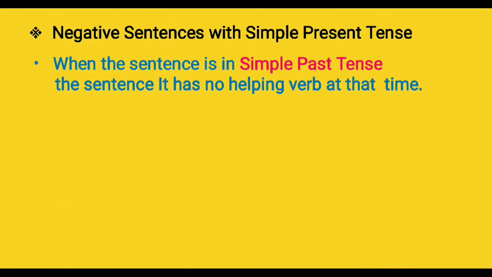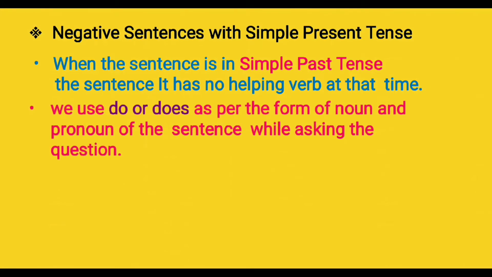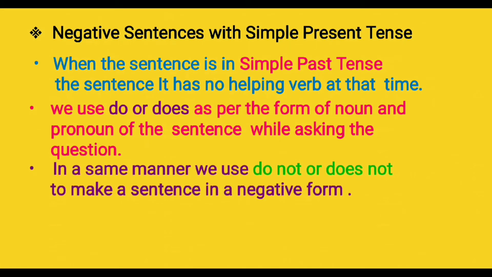We use do or does as per the form of the noun or pronoun of the sentence while asking the question. In the same manner, we use do not or does not to make a sentence in a negative form.